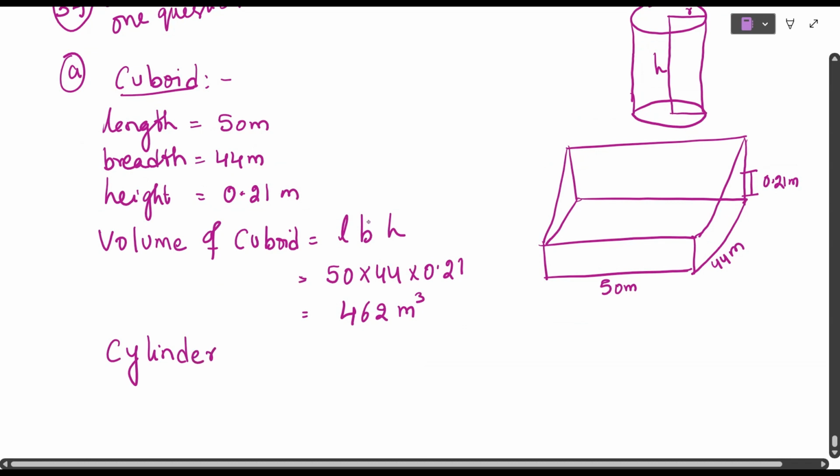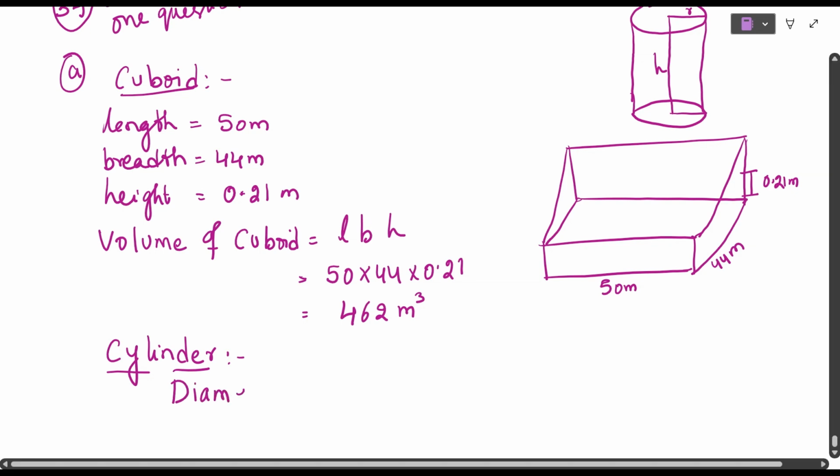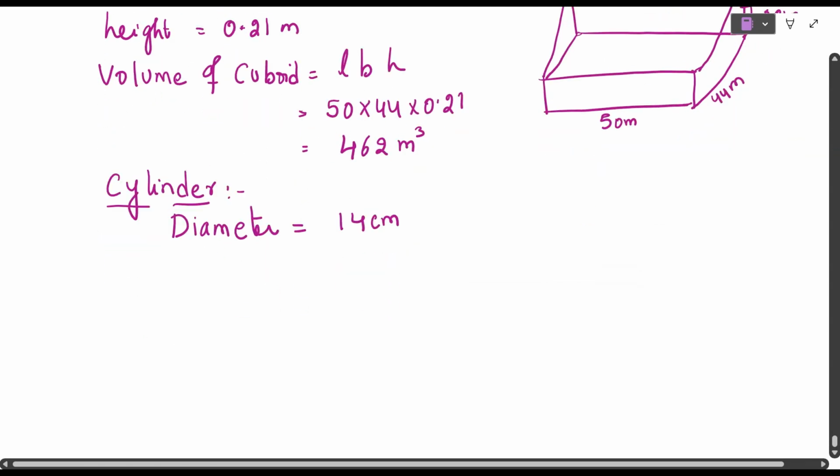Now let us take the cylinder, students. The pipe is in the form of a cylinder with a diameter they have given. How much have they given here? 14 centimeters. So what will be the radius? 14 by 2, that is equal to 7 centimeters. If you convert this, 0.07 meters. Understood?